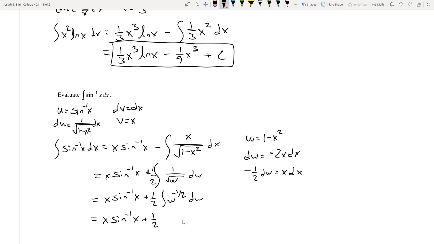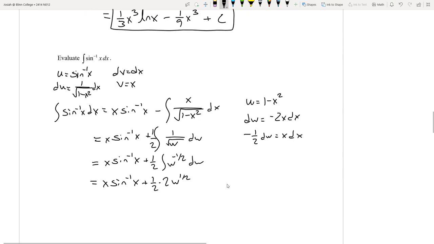So we have 1/2, increase the power by 1, and divide by that power. And so this will be our result then from this integral. And so that 1/2 and 2 will cancel. We'll go ahead and put our x back in. So you have w to the 1/2. It's 1 minus x squared under a square root. And the last thing we then need is plus c.